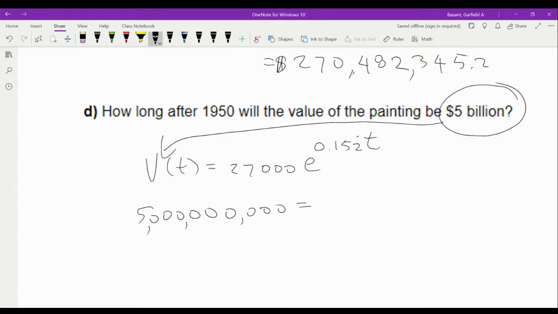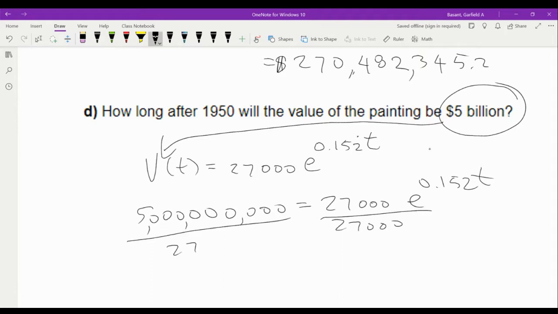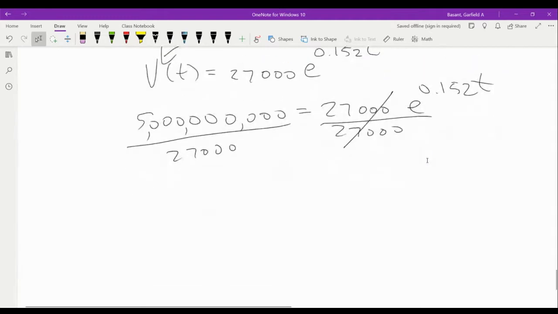That's always a million, right? Is equal to 27,000 e to the 0.152t. Once again, we're just going to divide this by 27,000, which gives us e to the 0.152t.